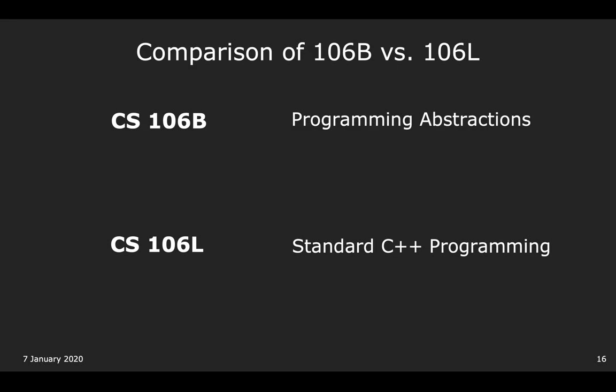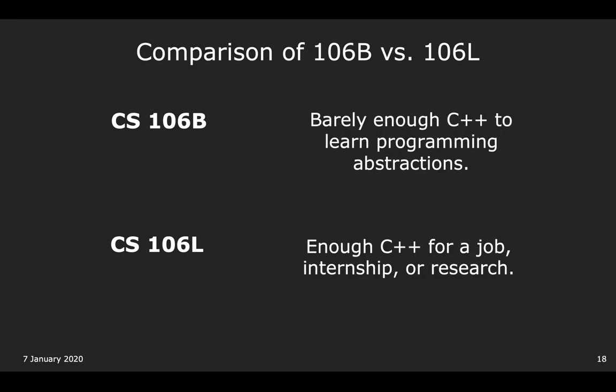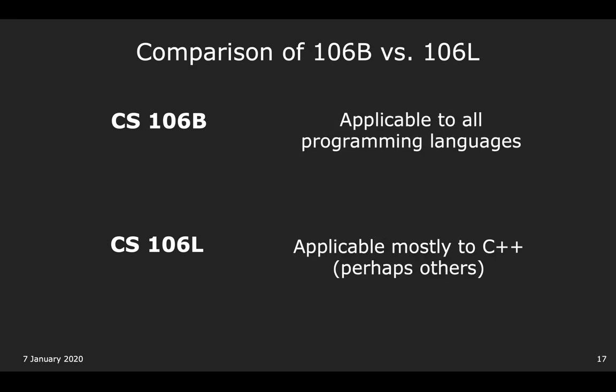On the other hand, in CS106L, our goal is to teach you standard C++. Because C++ is not the goal in CS106B, your goal is to learn programming concepts that are important across all languages.